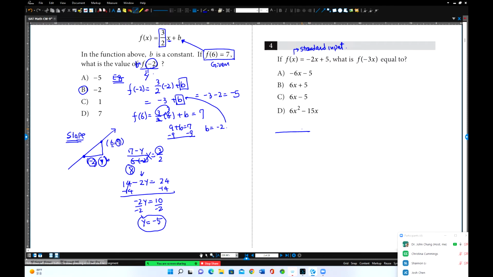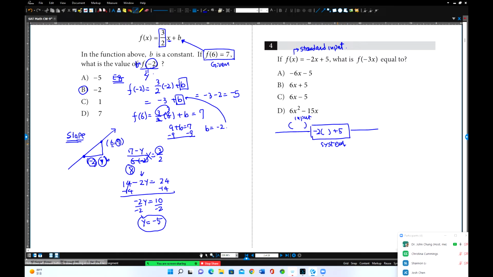You can use the input in parentheses, and it can be any number. Any number can be placed over here, so negative 2 times input plus 5 is the output. That is the system.